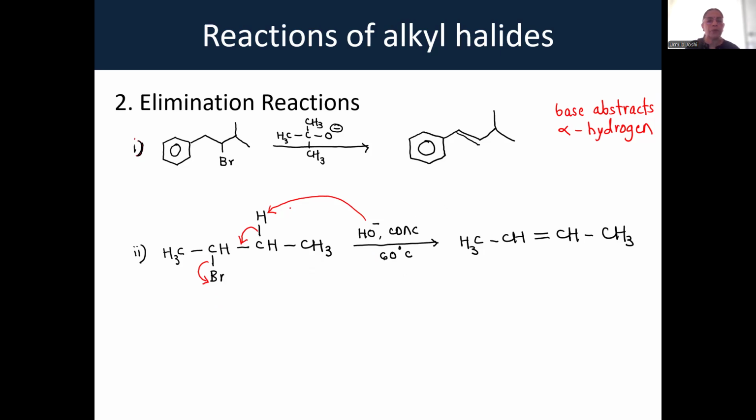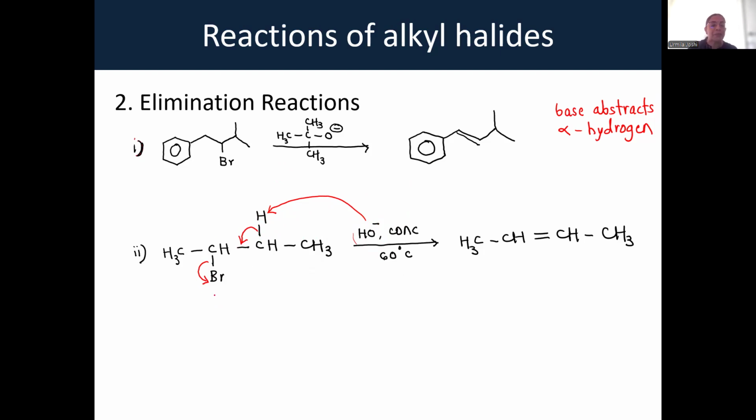Some things you have to remember while writing the mechanism. The arrow should originate at a place which is rich in electrons, and the arrow should point at a place which is deficient in electrons. So this arrow has originated over here and is pointing towards this. Now, when the electrons are approaching this hydrogen, this bond has excess electrons, so they shift over here.